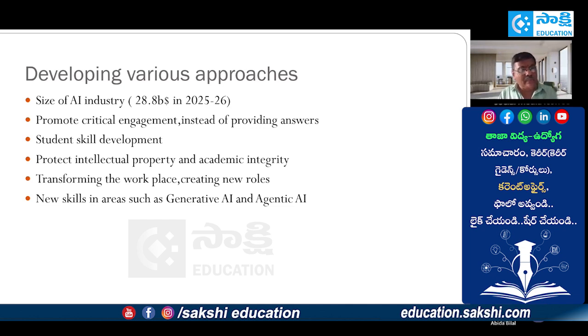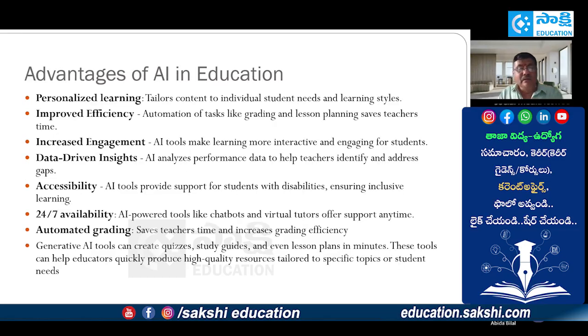Now, if you observe the advantages of artificial intelligence, it enables personalized learning by tailoring educational content to meet the unique needs of each student. The data allows artificial intelligence systems to provide customized lesson plans and resources, ensuring students receive instruction that is best suited to their individual learning styles.